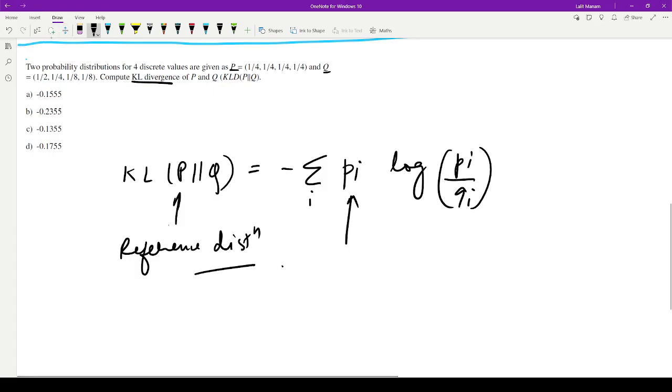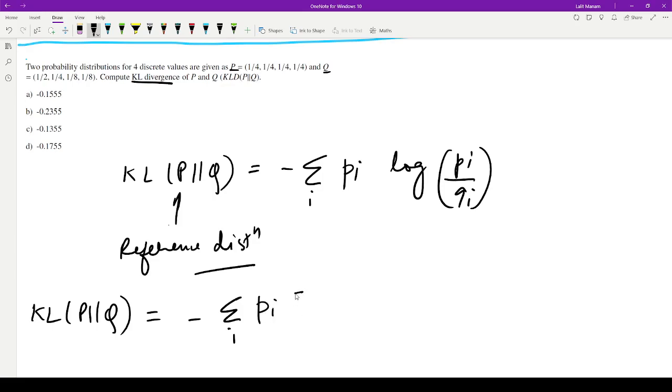Just for clarity, do you think this quantity, KL divergence, is symmetric or not? What do I mean by symmetric? It means if we take the reference distribution as either P or Q, we should end up with the same value.